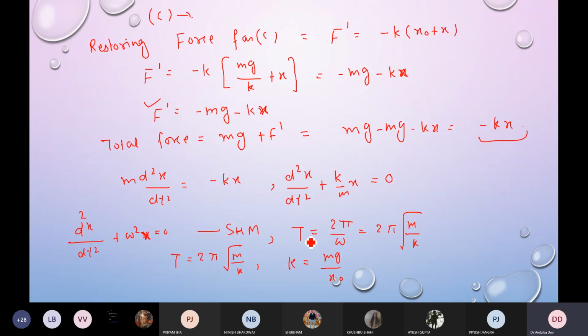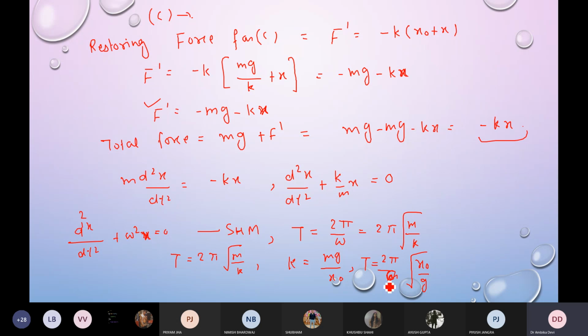You can just put this value over here, and the time period could be given by T is equal to 2 pi under root of x naught upon g.